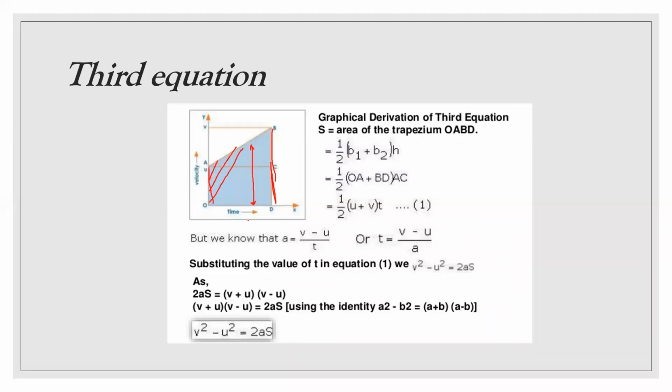So the same thing we will do here: half into B1 plus B2. What is B1, B2? B1, B2 are the two parallel unequal arms, and into height. Now half, one arm is OA, second arm is BD. So half into OA plus BD, and what is the height?